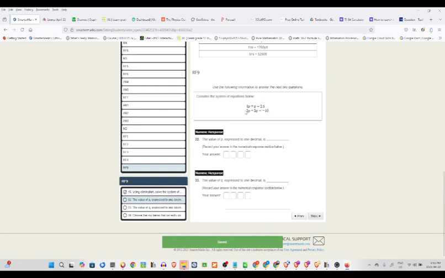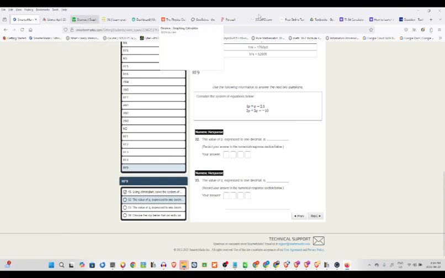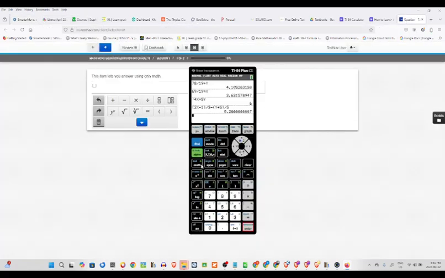So next we have this system of equations. So we can handle this in a few different ways. So one of them, we have permission to use decimals. That also means we have permission to use our calculators, especially since it's numeric response.